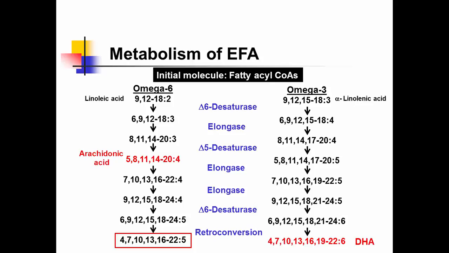And you go through further elongation and desaturation to add more carbons and 1 more double bond, to make the 24-carbon fatty acid, which has 24 carbons and 5 double bonds.